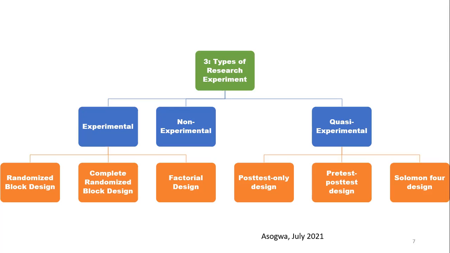You just go ahead to administer the treatment, to manipulate the variables. After which you collate that one of the group will be controlled, one will be experimental, but there will not be any pre-test. And after which you collect your post-test result.